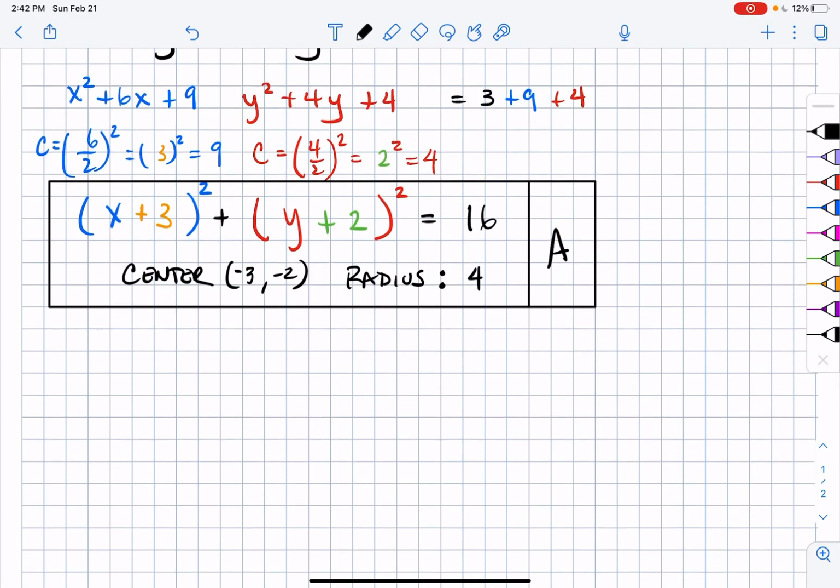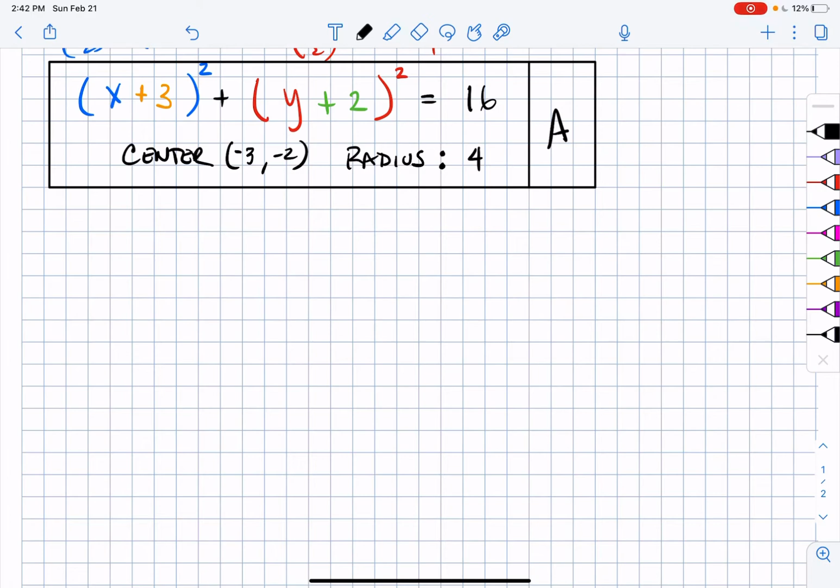Okie dokie. All right, number 3. Number 3 says f of x is equal to 3x squared plus 2x minus 2.